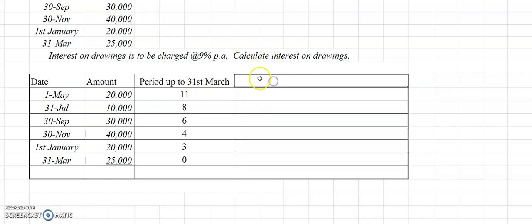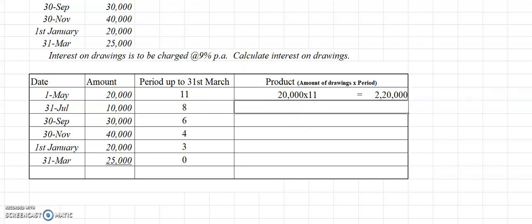So let us see how to calculate the product. Product we will calculate as amount of drawings into period. Amount of drawings we have in the first case 20,000, and the period is 11, so the product is 20,000 into 11, 2,20,000.